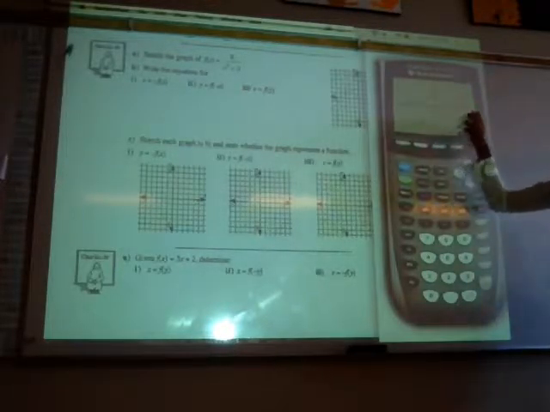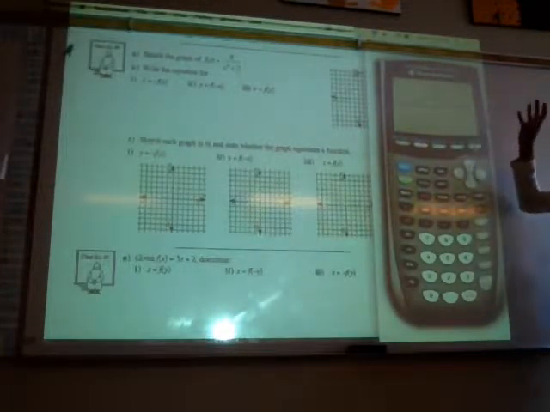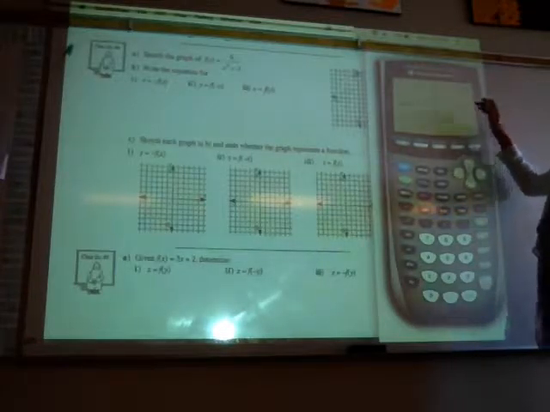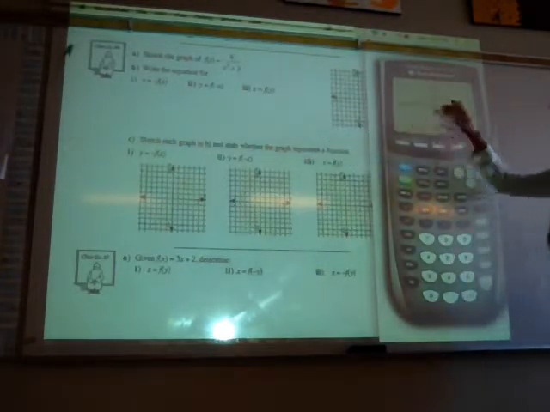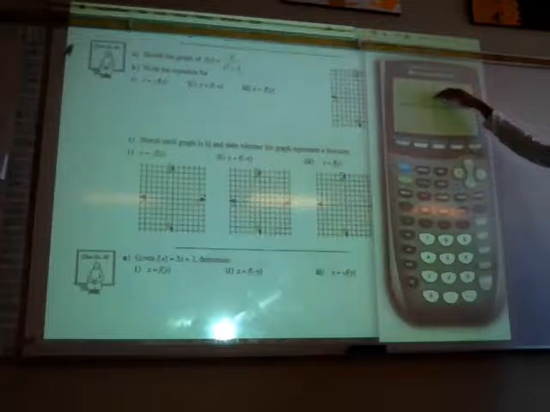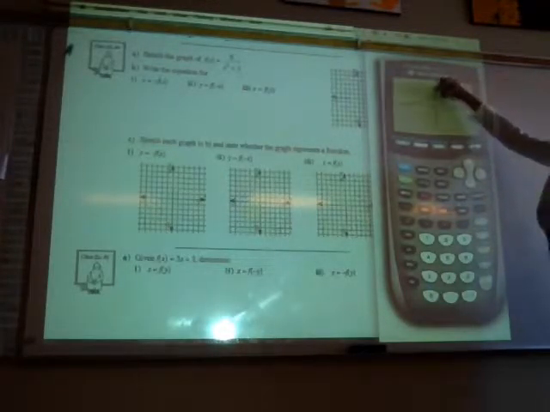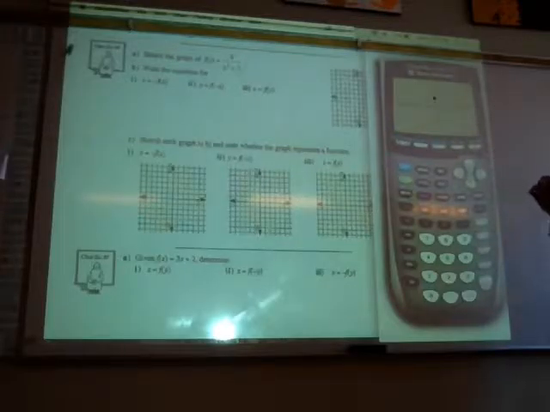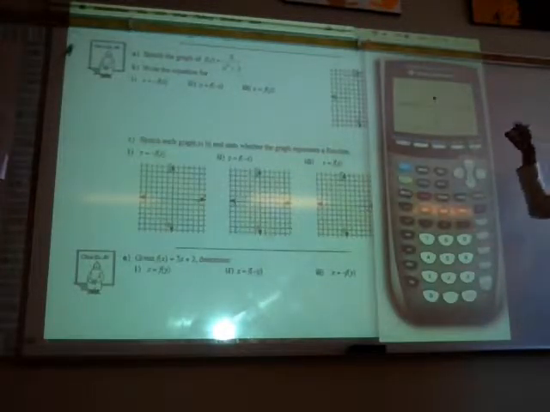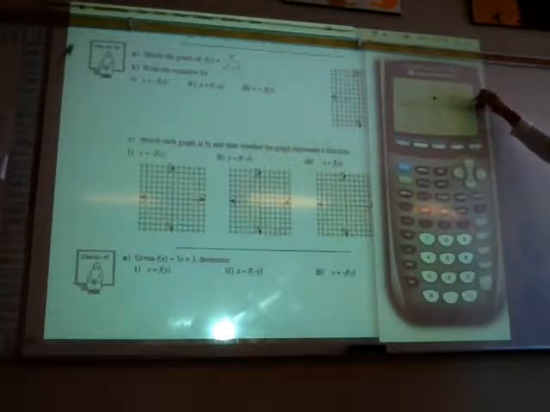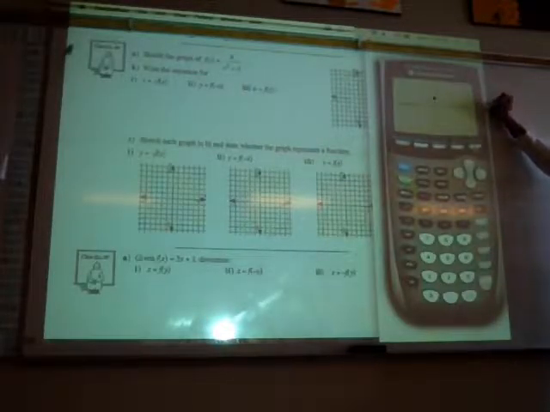Okay, so we haven't seen too many of these functions, but just talking about domain and range a little bit before we get into the reflections. If you take a look, we have a maximum to this function, and that looks like it's at the point 0, 2. It's not going above that. Then if I follow to the right, it's approaching the x-axis, but it's not touching the x-axis.